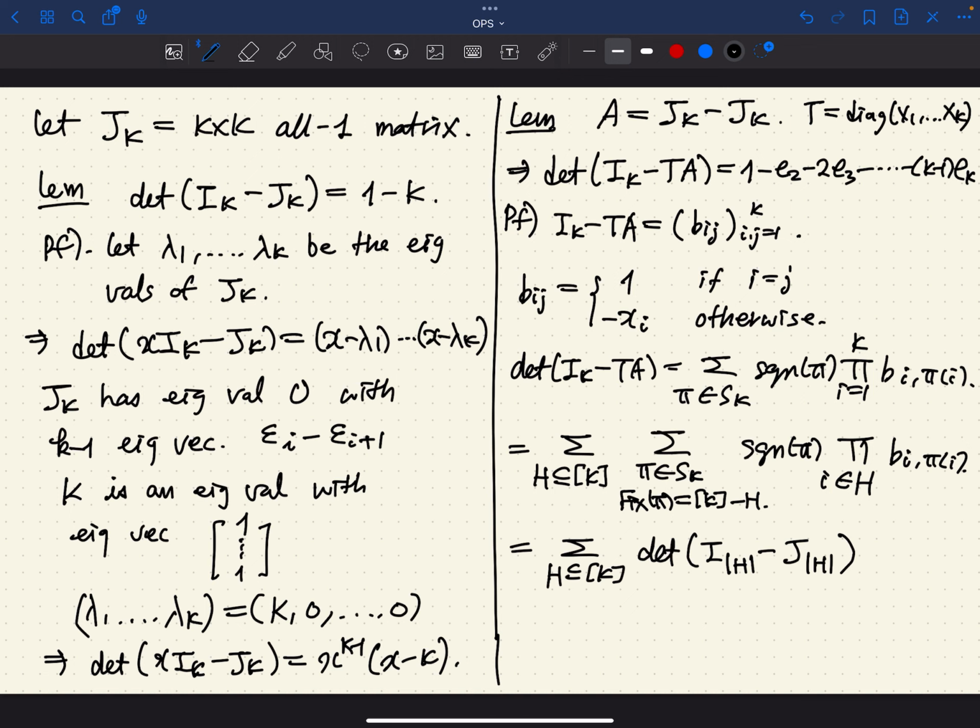Oh, sorry, we have to multiply xi. Because now here, let's see. Is this right?